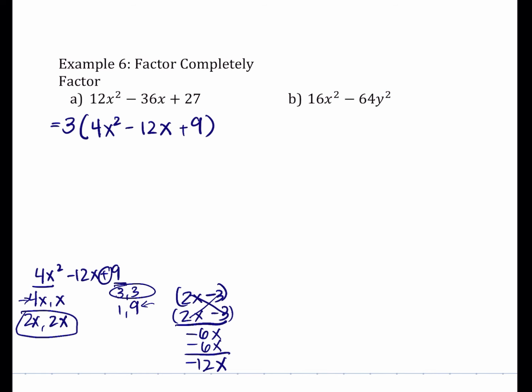So we have 3 times 2x minus 3 times 2x minus 3. And again, like the last one, there's one nice way to write this, where you write 2x minus 3 squared.